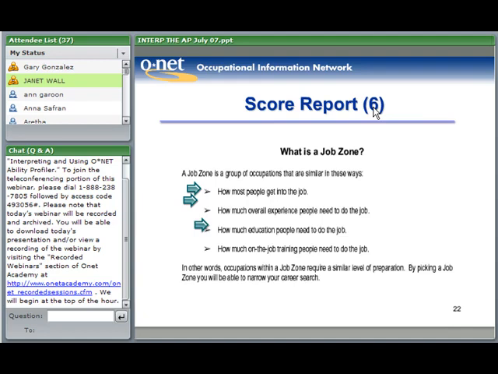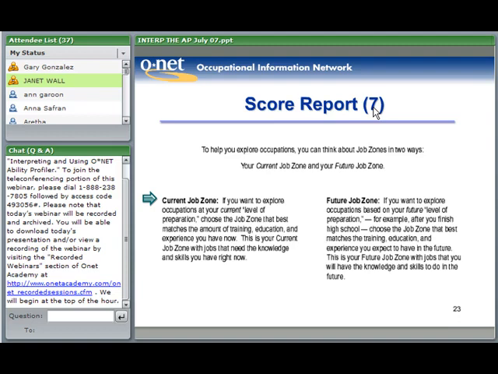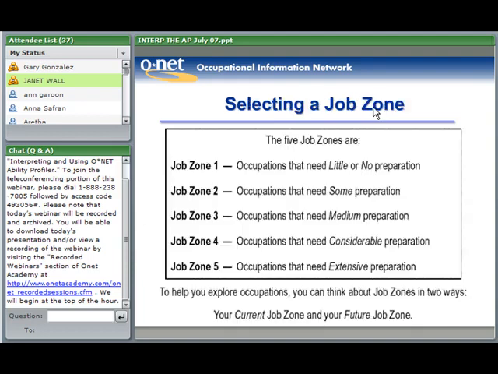So a current job zone is one where they would have the amount of education, training, and experience currently, and then one that they might aspire to in the future. And there's a description of job zones.